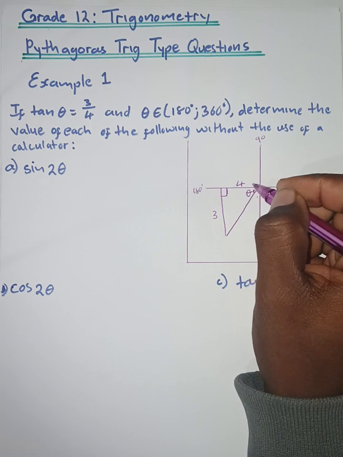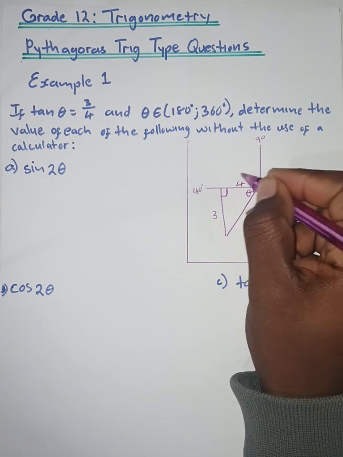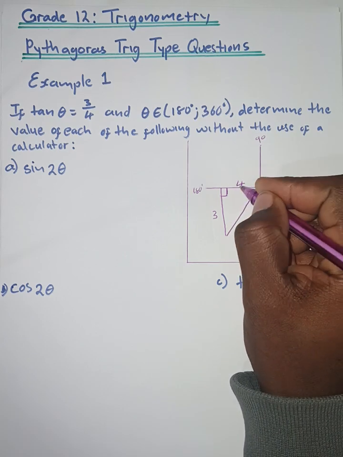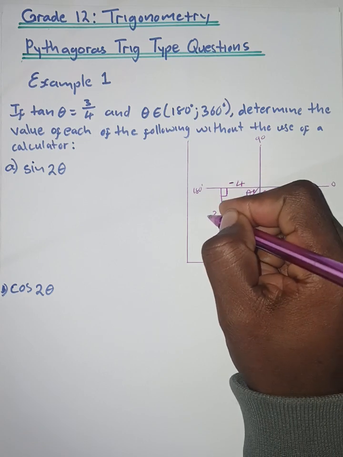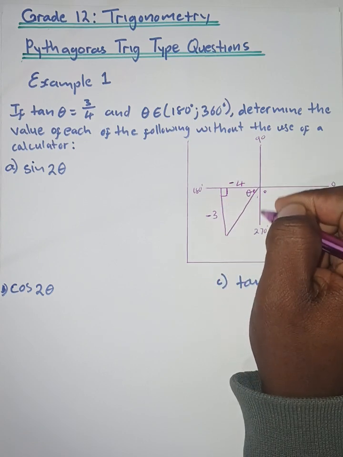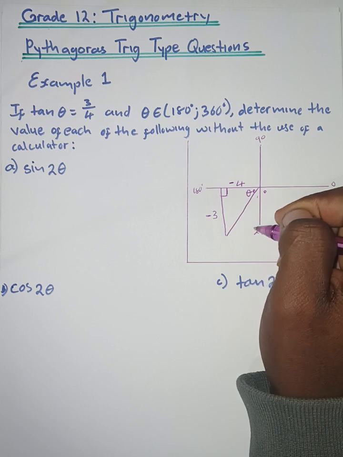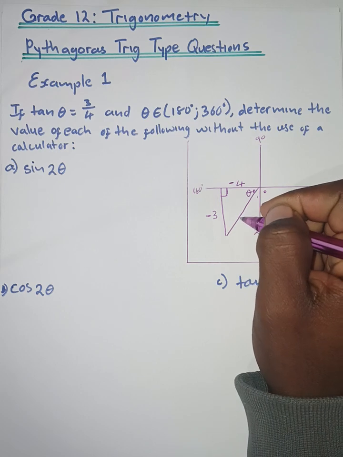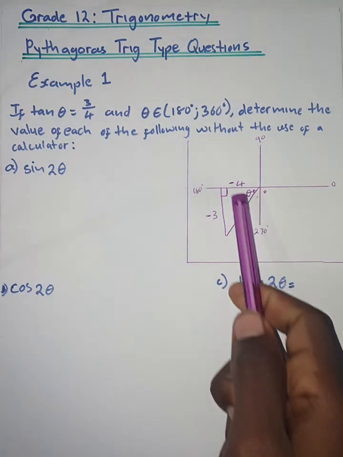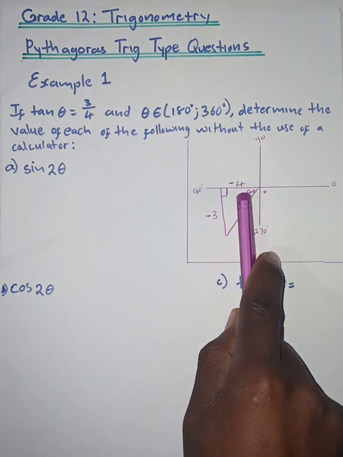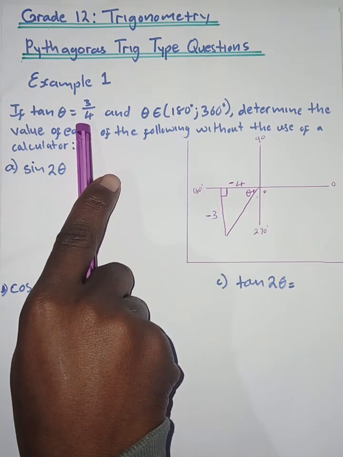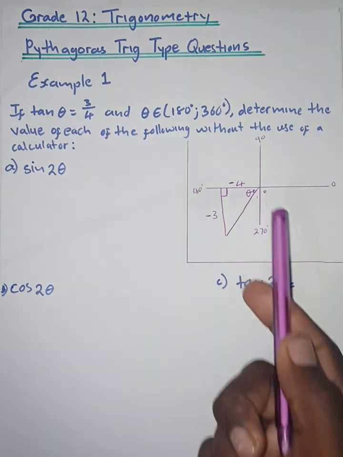But what you can note is that x in that region is negative, so I'm just going to put a negative there. But also we know that y in that region down there is negative. And we know that negative 3 divided by negative 4 is going to give us a positive 3 over 4 there.